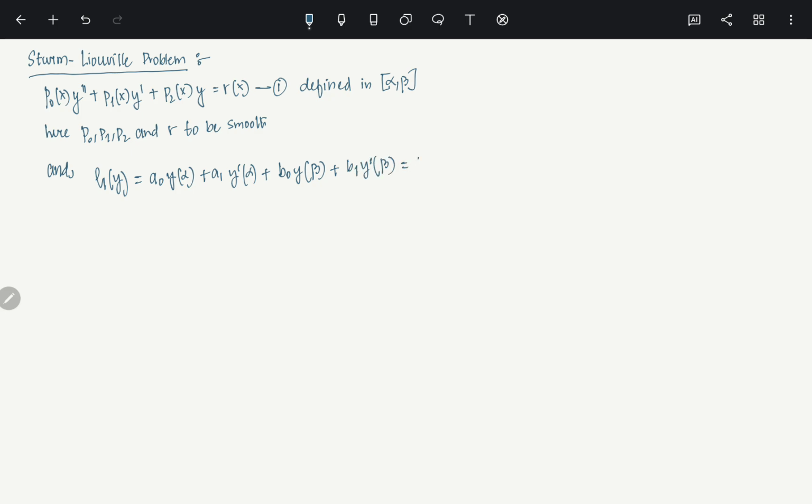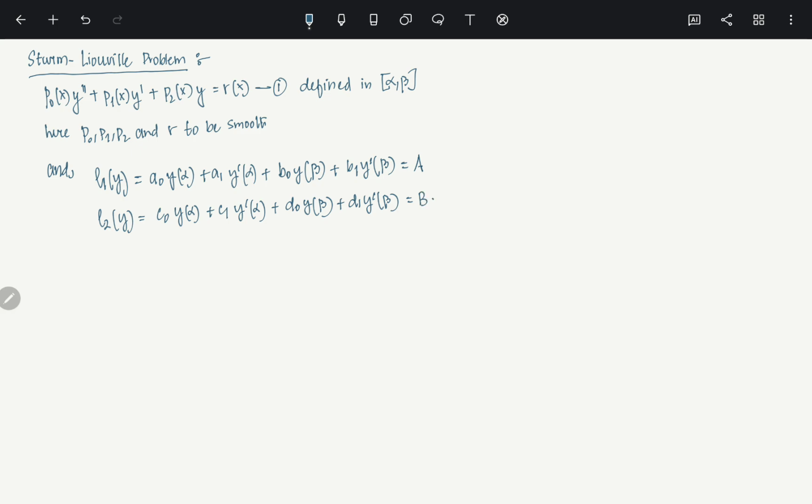Let's call that equal to a, and there is another condition L2 of y, again a similar sort of condition but with c naught and d naught: c naught y at the point alpha plus c1 y prime at the point alpha plus d naught y at the point beta plus d1 y prime at the point beta. This equals b.